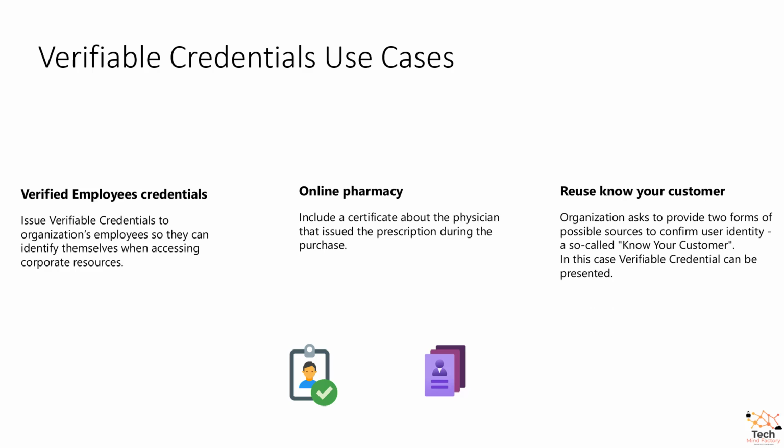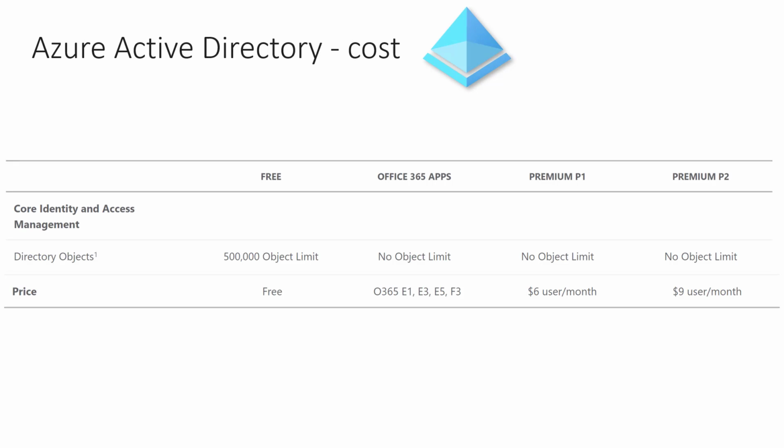And also, it can be helpful to use verifiable credentials in Know Your Customer scenarios. So an organization asks to provide two forms of possible sources to confirm user identity, a so-called Know Your Customer. In this case, we can use verifiable credentials to prove the user identity. As I mentioned, we will talk about verifiable credentials in another dedicated video.